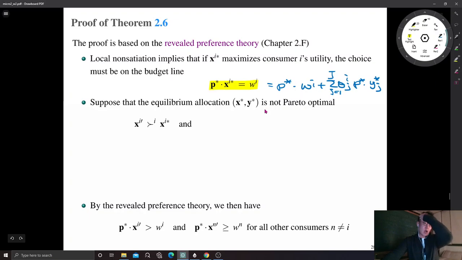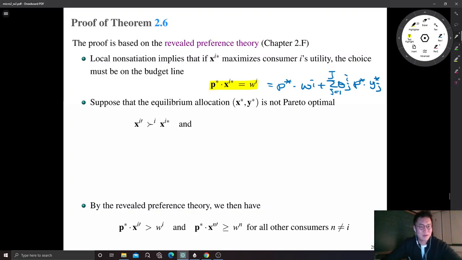The equilibrium allocation is denoted by x star and y star, and the proof is by contradiction. Suppose to the contrary that the equilibrium allocation is not Pareto optimal. That means there exists another feasible allocation x prime and y prime. Let me write it down here, just to make sure I do not make any mistakes.